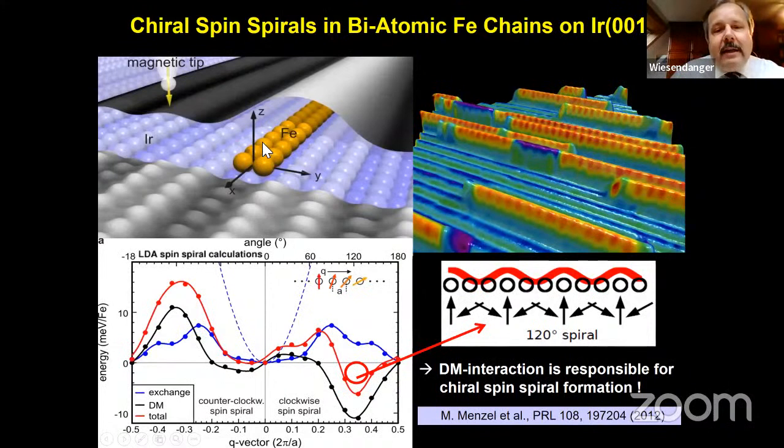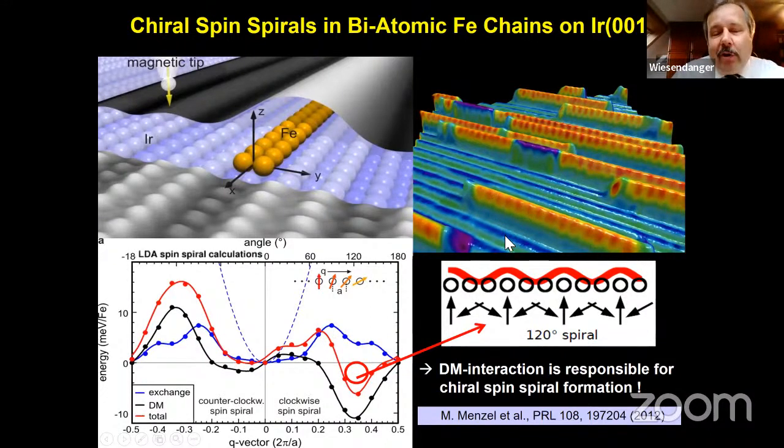When looking at such biatomic chains with spin-polarized STM, you can clearly see a periodic modulation. Again, this modulation does not reflect the atomic periodicity, but the spiral state which we have here.